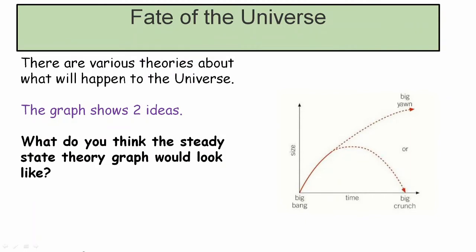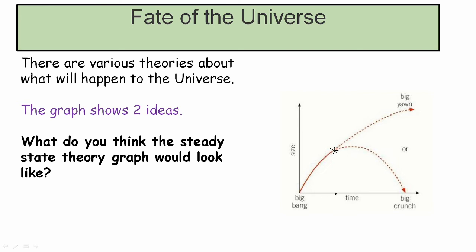And there are various theories about what will happen to the universe, and on the right hand side you can see the graph that shows two of these ideas, and this is where we are at the moment. Okay, so the x-axis is time, and the y-axis is the size of the universe.